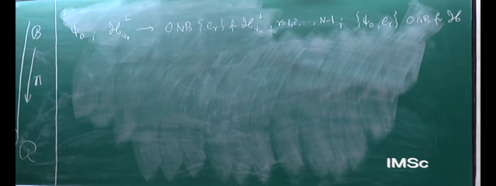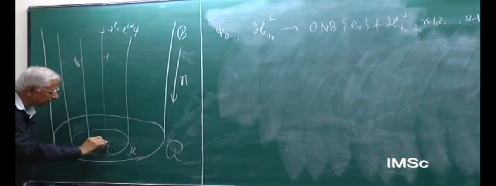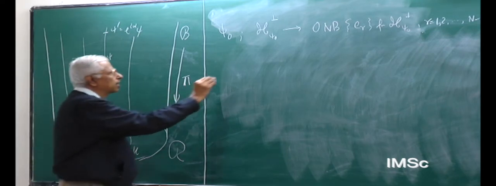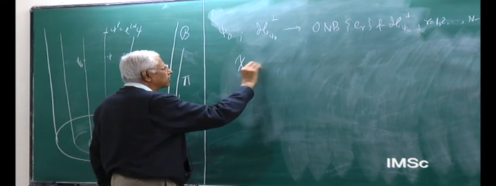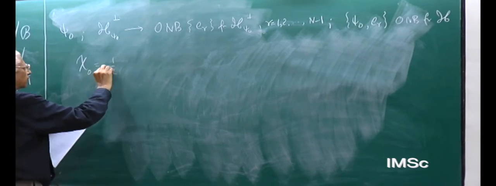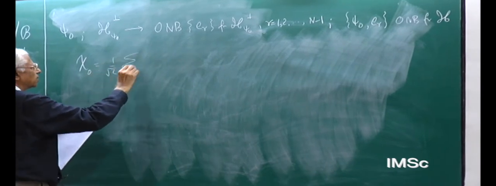This chi naught, which is appearing there, which is a coordinate, completely describes a point rho in this neighborhood. It is orthogonal to psi 0, so it can be expanded uniquely with complex coefficients in terms of this orthonormal basis e_r. All right. So I will write chi 0 as, now I use this normalization for reasons which you will see soon.